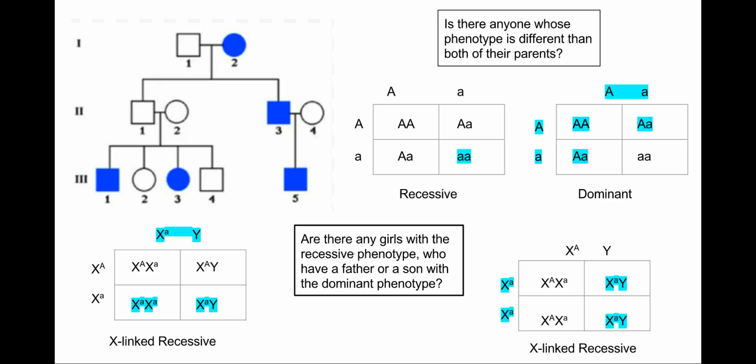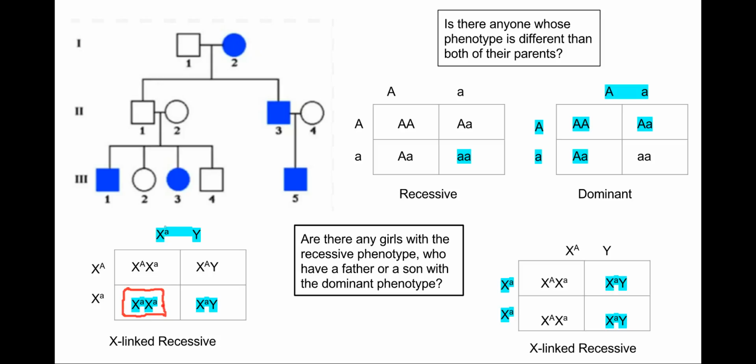So we've got girls, and if they are recessive, they have to be X small a, X small a. So if they are X small a, X small a, their father must have it, because the only way you can be X small a here is if your dad passes you an X small a.